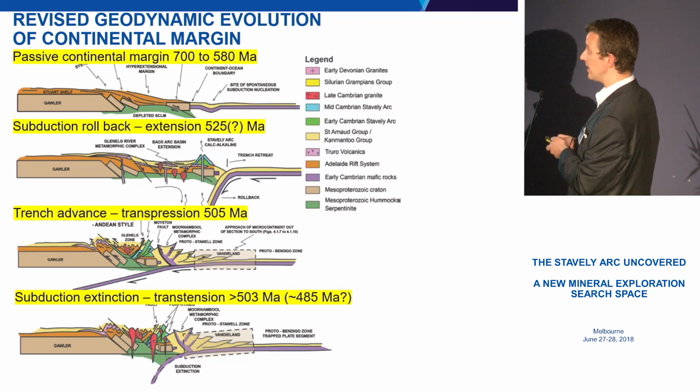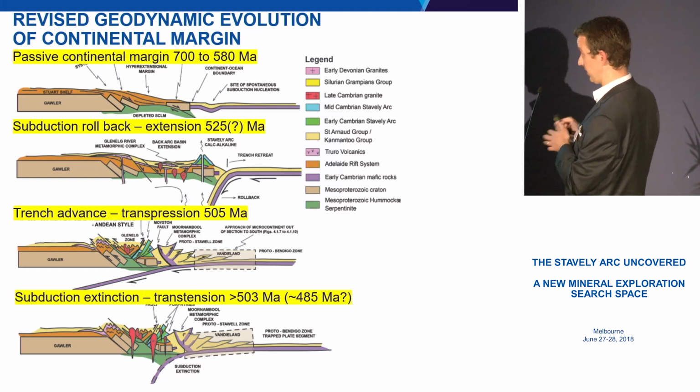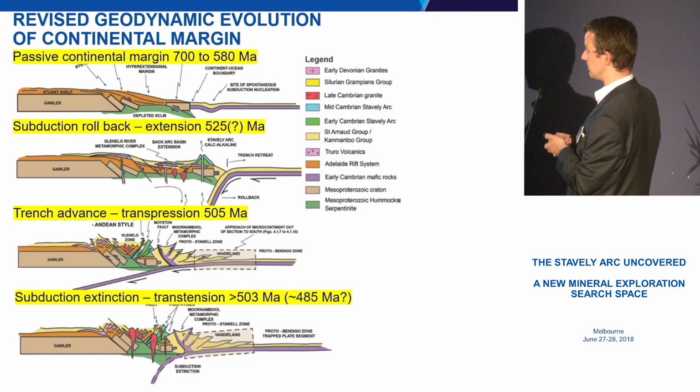And then we had trench advance, slab flattening, transpression at around 505, and then sudden subduction extinction, transtension environment, melting of those magmas and emplacement into the arc that had already been formed, and it was all caused by the collision of this continental micro-fragment that's out to the southeast of Stavely.